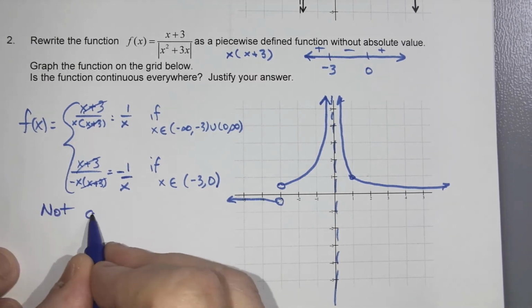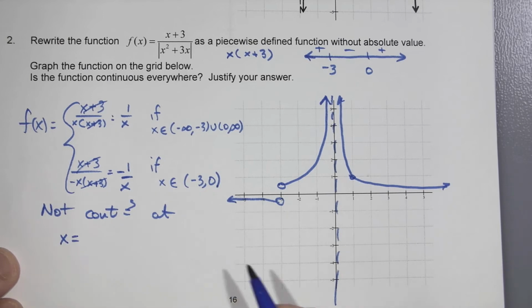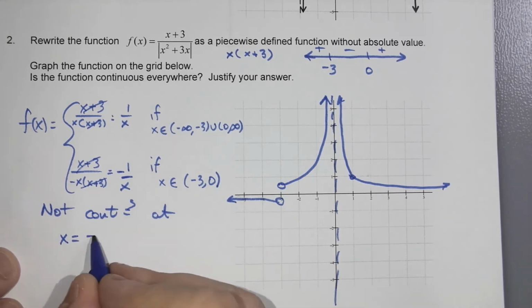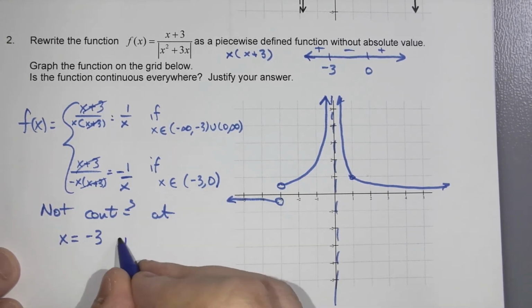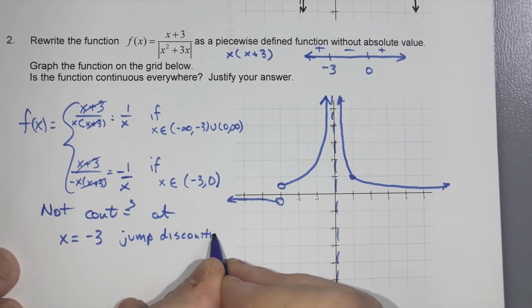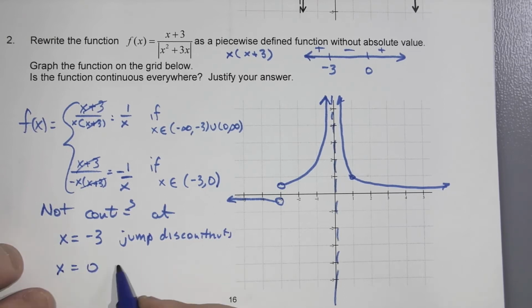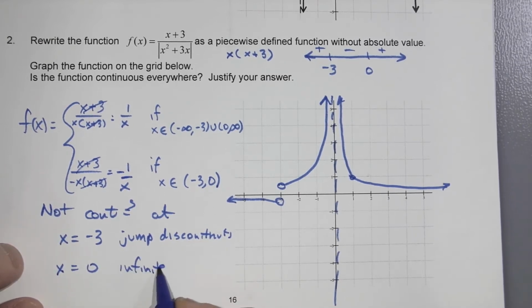Not continuous at x equals negative 3, where you have a jump discontinuity, and also at x equals 0, where you have an infinite discontinuity.